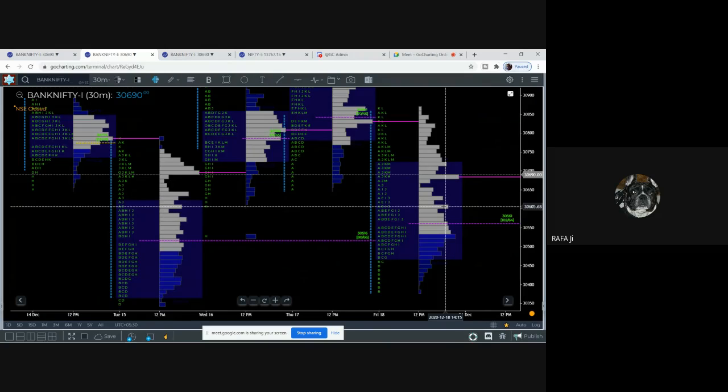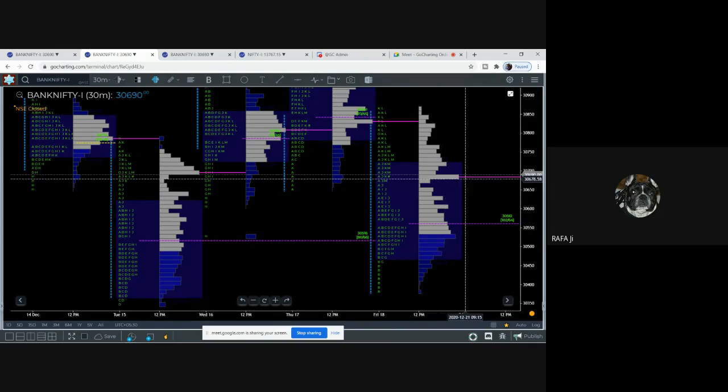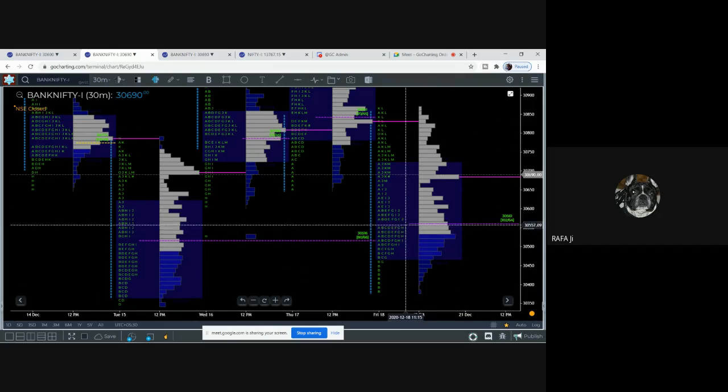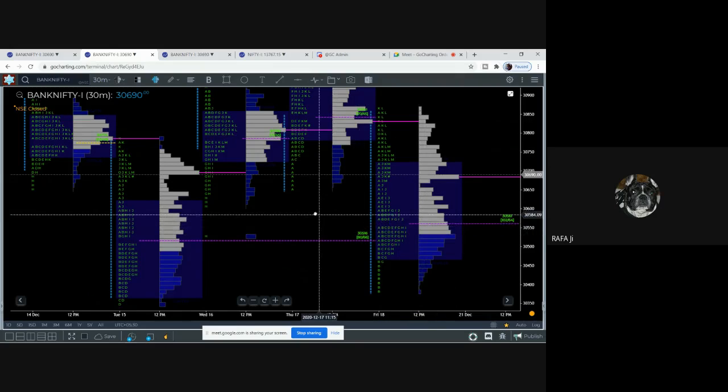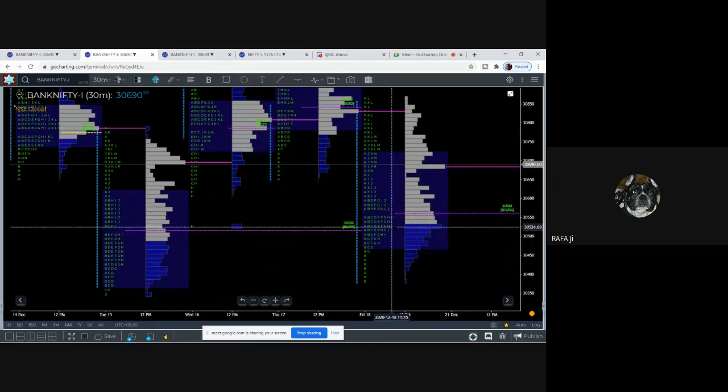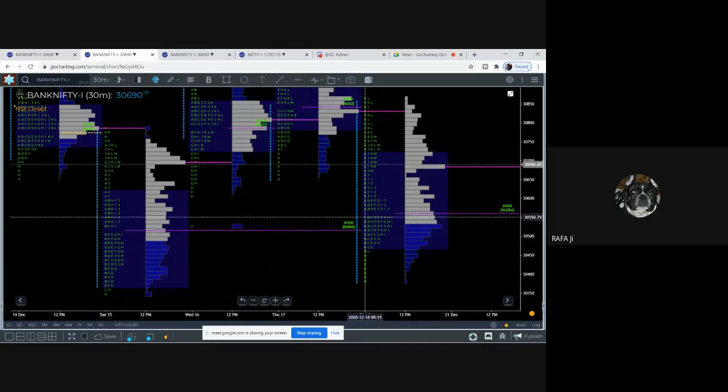What I feel is that 680 is the POC that we spoke about, and this is the point where it closed. If it opens here, I see this point getting tested, and this is not the POC. When you see market profile, you have to see that this whole region is quite wide.